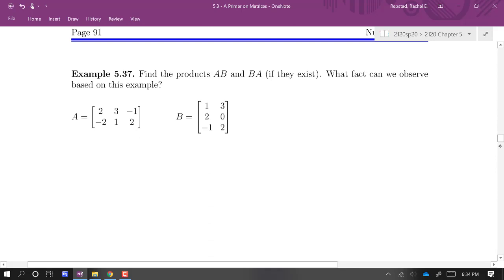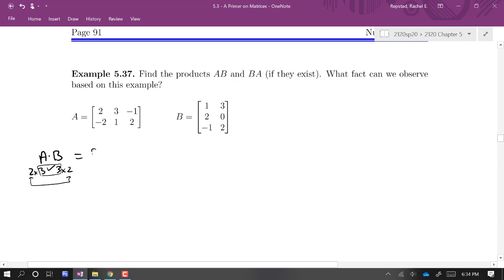Okay. Let's do another one. Here we have a couple of matrices. We want to find both products if they exist, AB and BA. So let's think about AB first. Matrix A is a 2 by 3. Matrix B is a 3 by 2. So we'll see that they are compatible sizes, and the product is a 2 by 2.